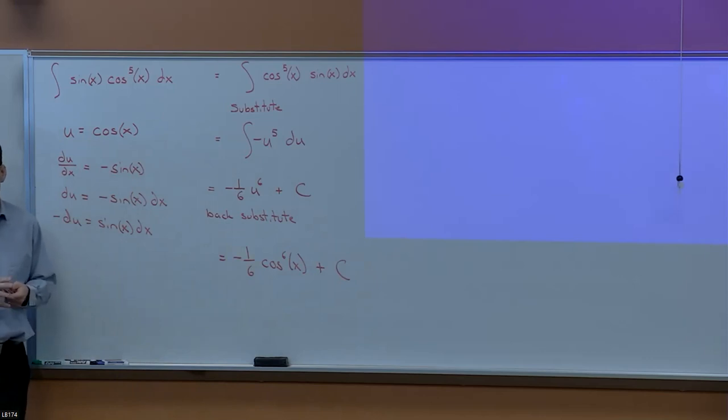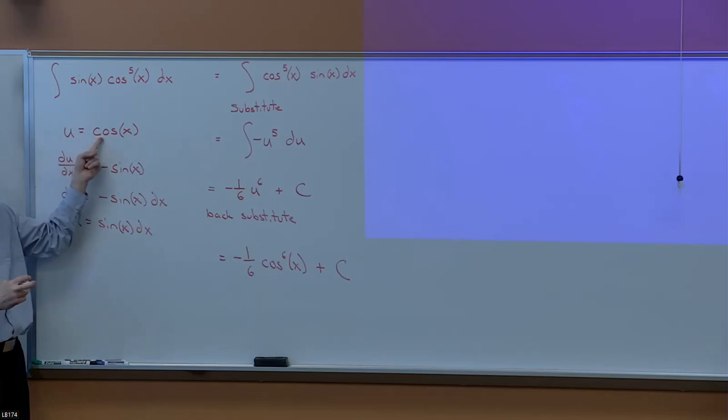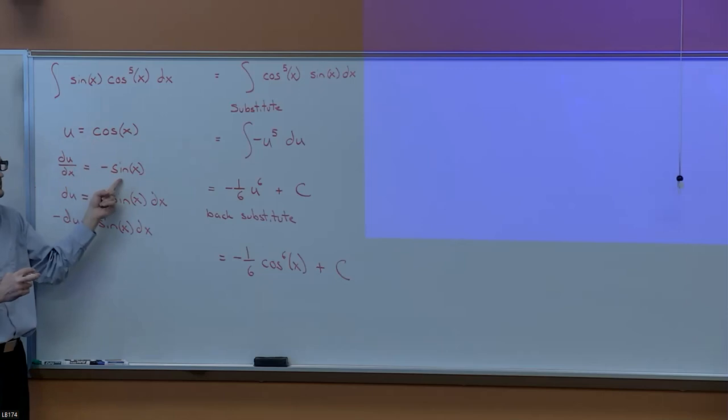I have a question. Yeah. When you did the du, how did you get the negative sign? I just took the derivative of cosine, and the derivative of cosine is negative sine. When you integrate cosine, it's positive sine.